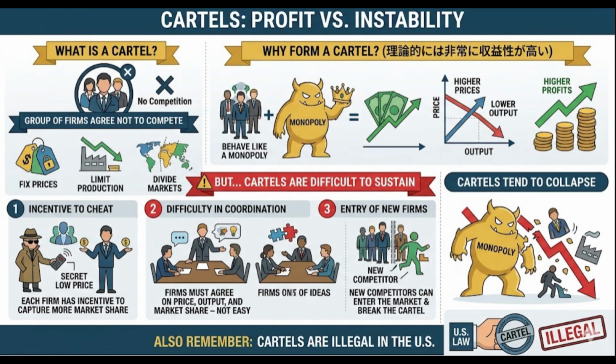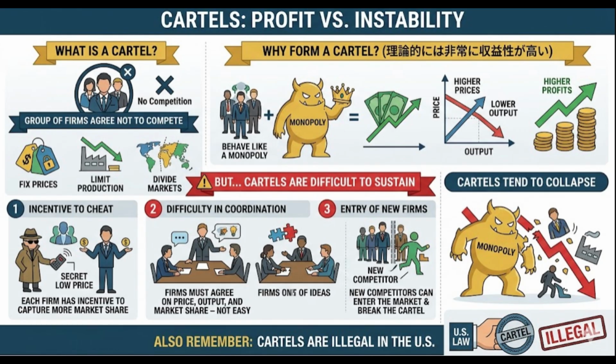There are three main reasons for this. Number one, incentive to cheat. Each firm has a strong incentive to secretly lower prices to capture more market share. Number two, difficulty in coordination. Firms must agree on price, output, and market share, which is not easy.